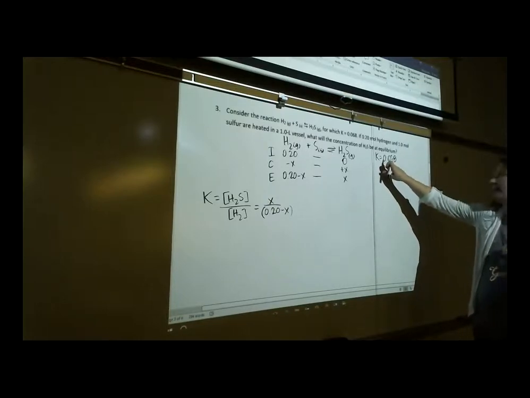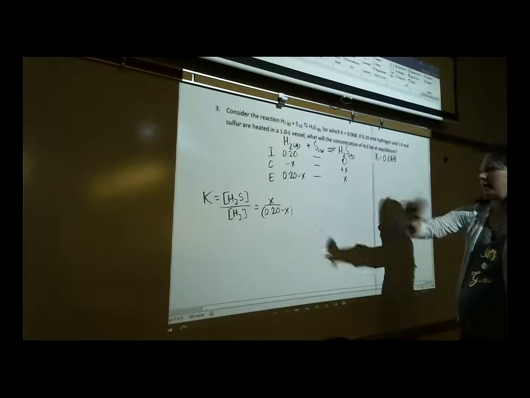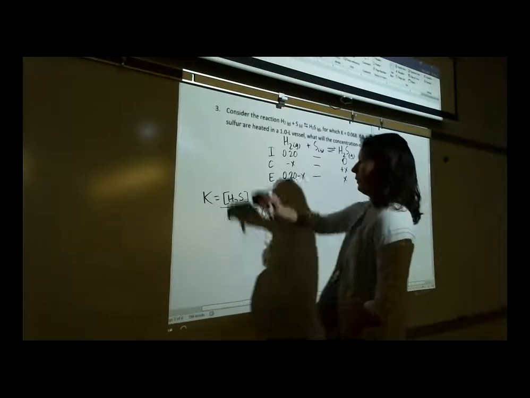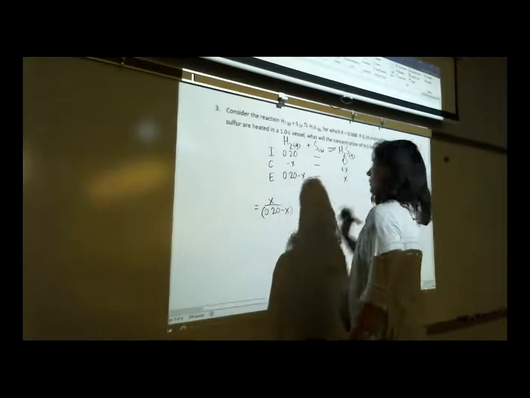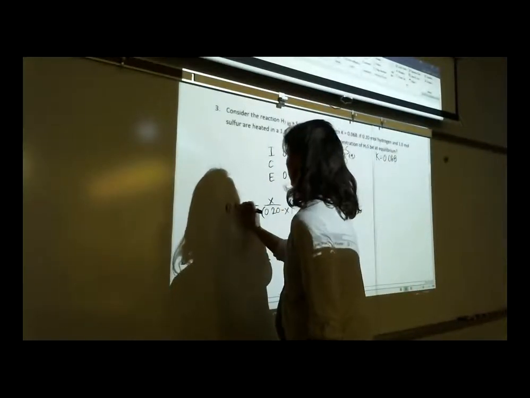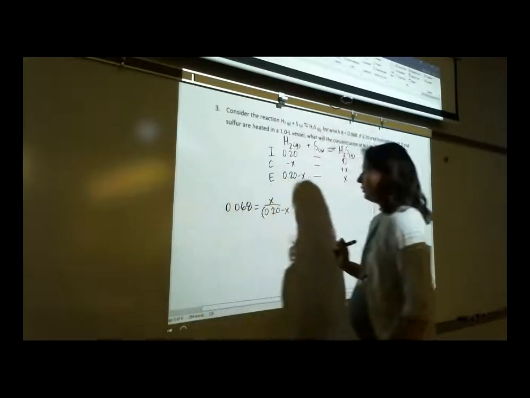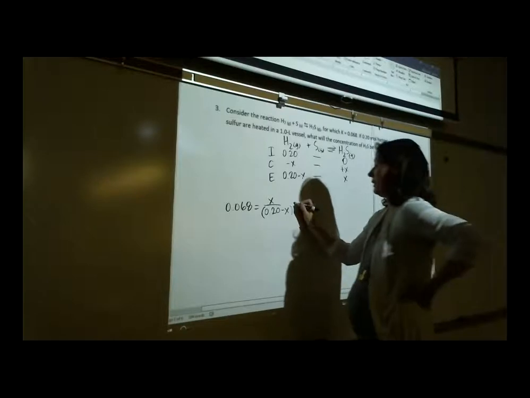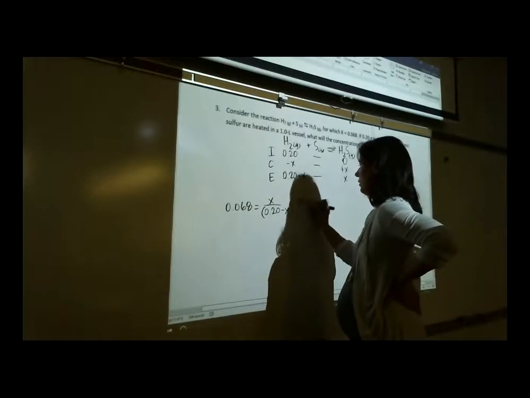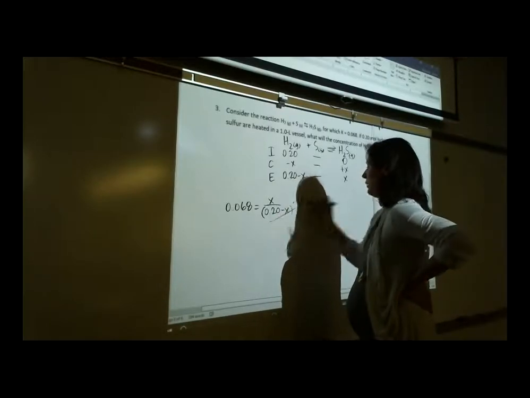So I can take this value and plug it in. So I can say to myself, 0.068 is equal to X over 0.2 minus X. So how do I get that denominator to go away? Multiply both sides by it.